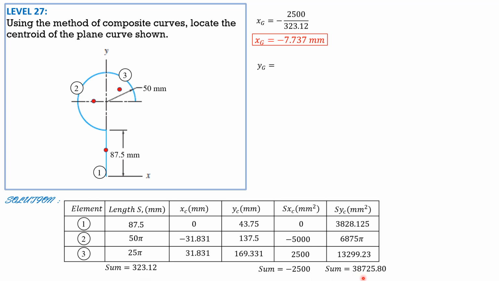Then yg is 38725.8 divided by 323.12, so yg is 119.8 mm. So that's it for this problem.